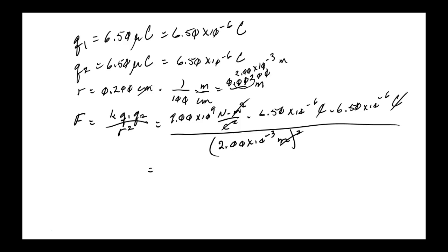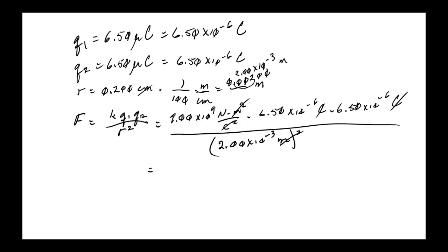Okay, start at 9 EE 9. Times, yeah, that's right. 6.5 EE 6. Negative. That's right, yeah. Times 6.5 EE 6.